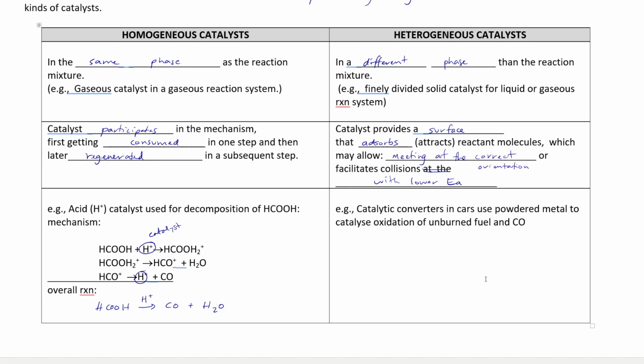An example of that would be catalytic converters in cars that use powdered metal to catalyze oxidation of unburned fuel and carbon monoxide.